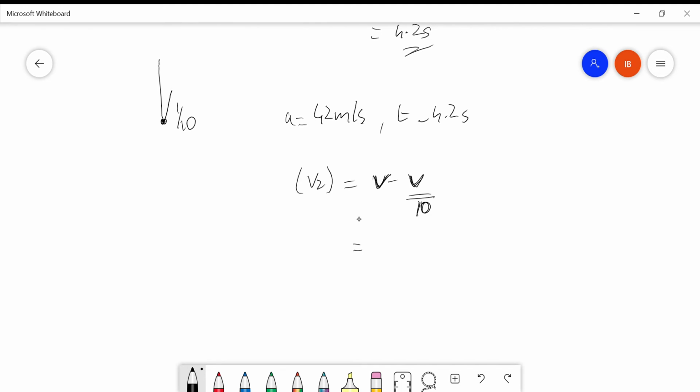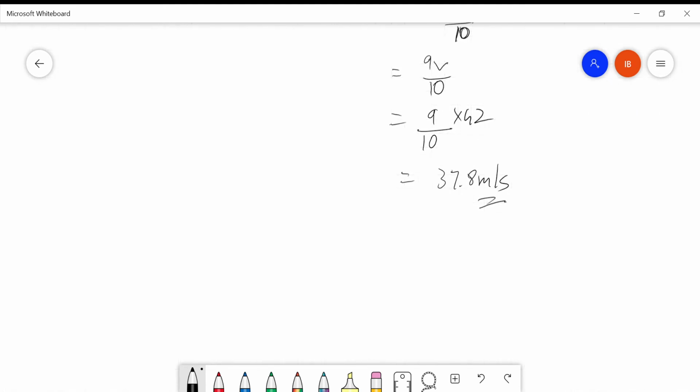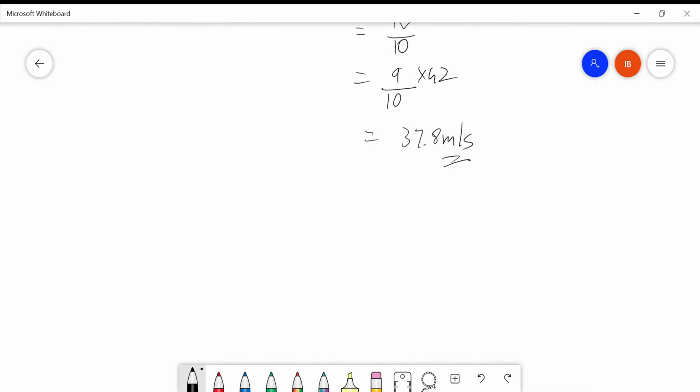So that is 9v by 10. So 9 divided by 10 into 42. So that is 37.8 meter per second. That's after first rebound. Then the ball reaches a height after the first rebound. We can take that height as h dash.